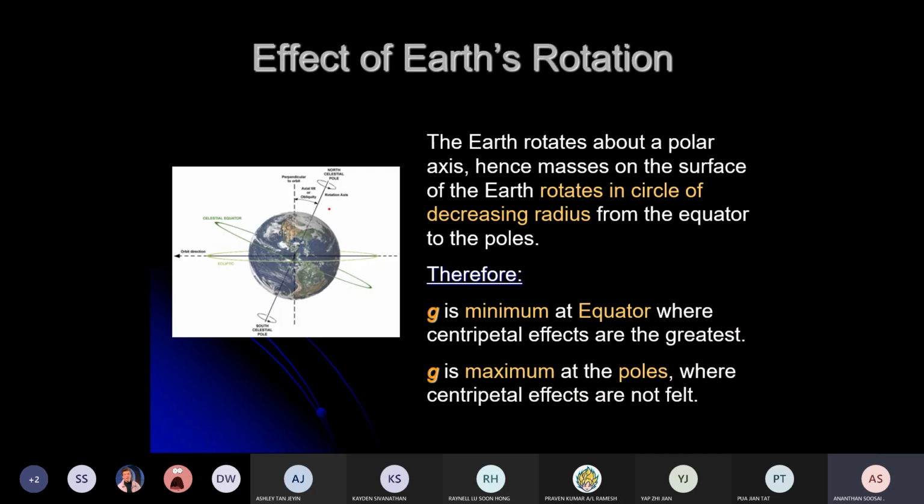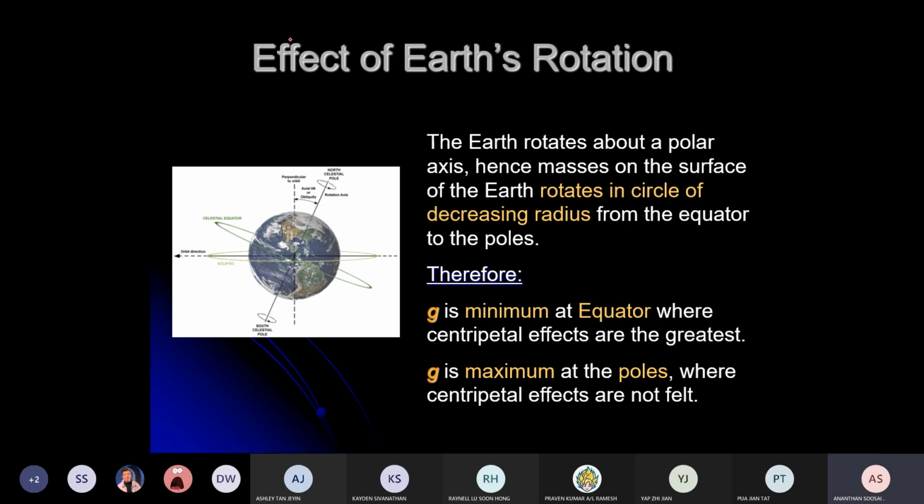Okay, the third factor. This is the most important factor, frequently asked in the exam. Cambridge is really interested in checking how gravity is affected by the rotation of the Earth compared to the other two factors. The latitude looks very inferior compared to rotation for Cambridge.